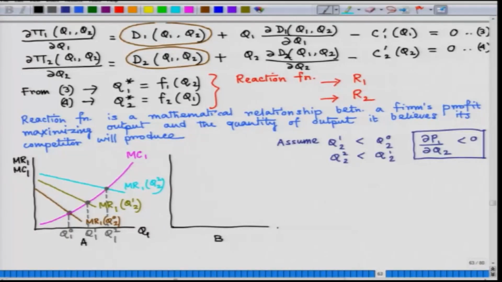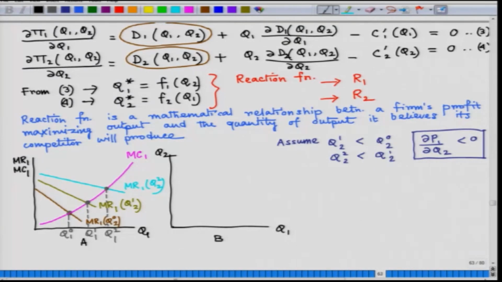Let us move to the diagram which is panel B, and there we are going to plot the relationship that we have seen between the output levels chosen by firm 1 depending upon its assumption of firm 2's output level. So, now I plot Q1 along the horizontal axis and Q2 along the vertical axis.